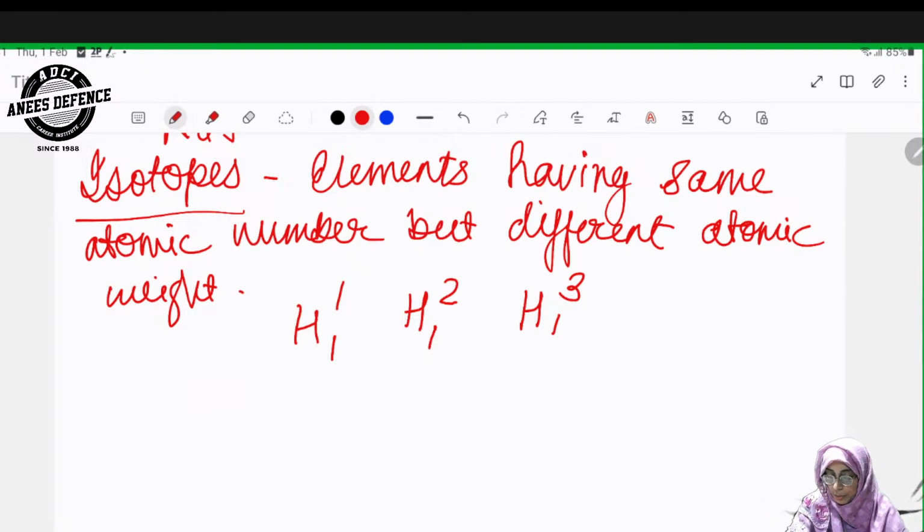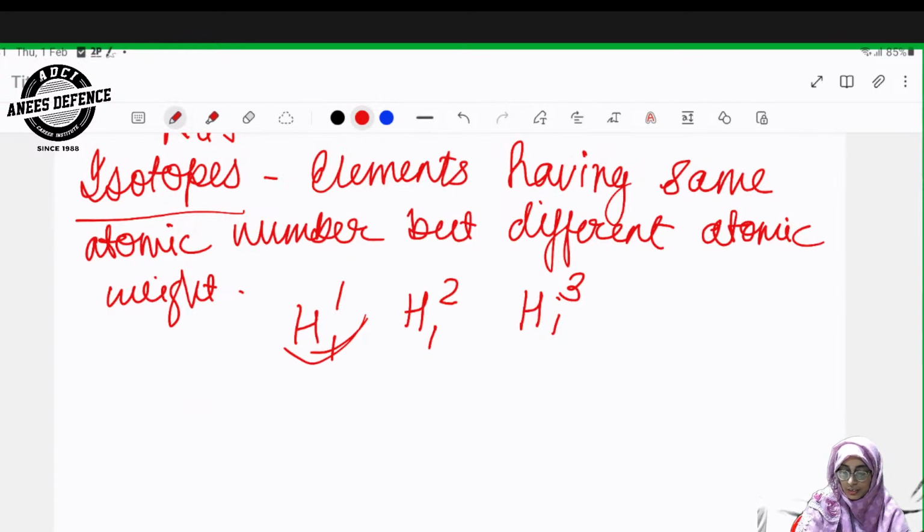There are 3 isotopes of hydrogen, so where could he arrange them? If he arranges one here with atomic number 1, what about 1 and 2 and 3? Where will they go? So he could not explain the isotopes.